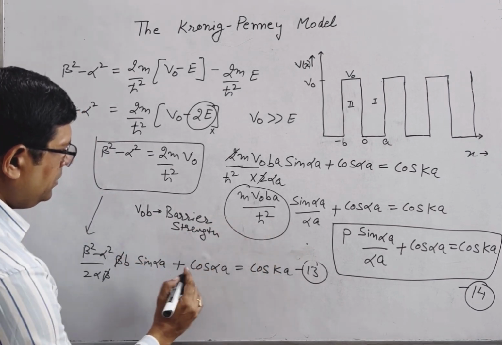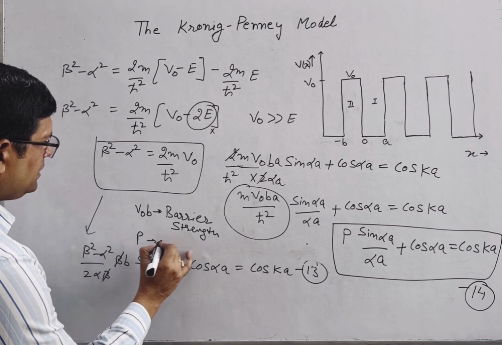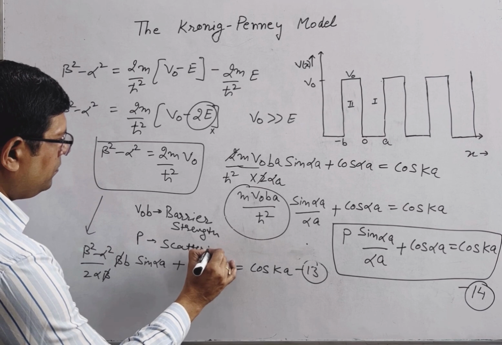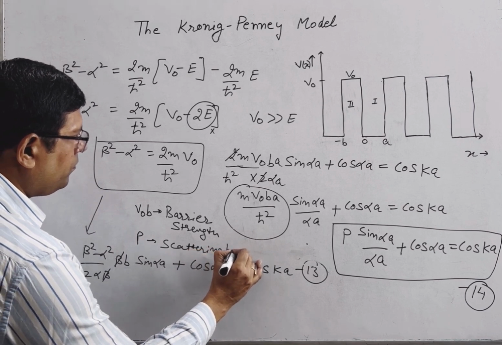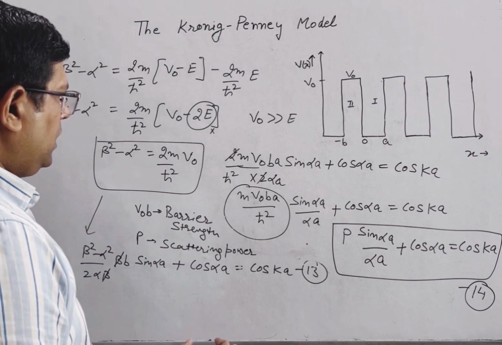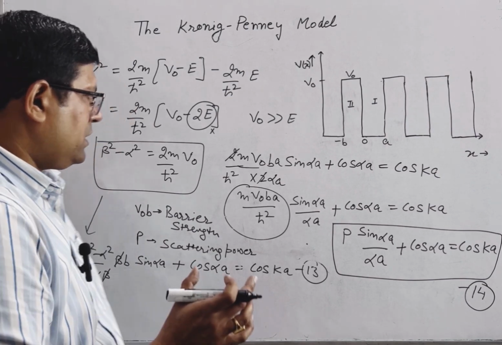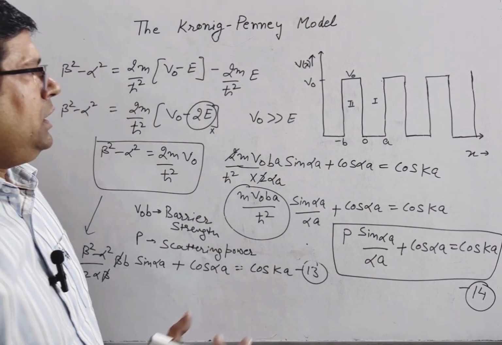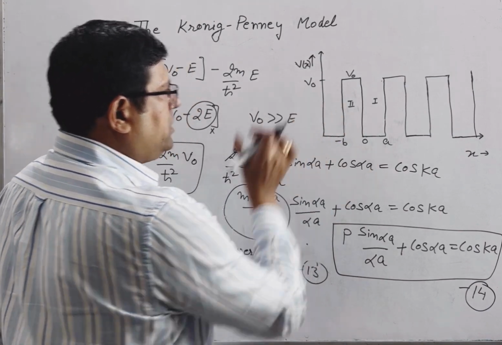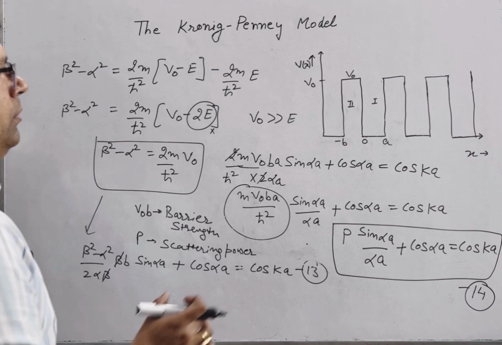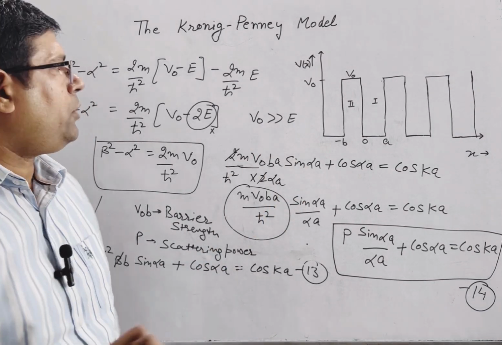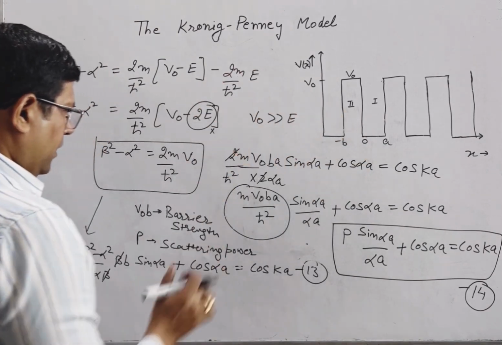And this P is sometimes termed as scattering power, or it is the measure of strength with which the electron is bound to the potential well or barrier potential. With how much strength the electron is bound to the potential well.